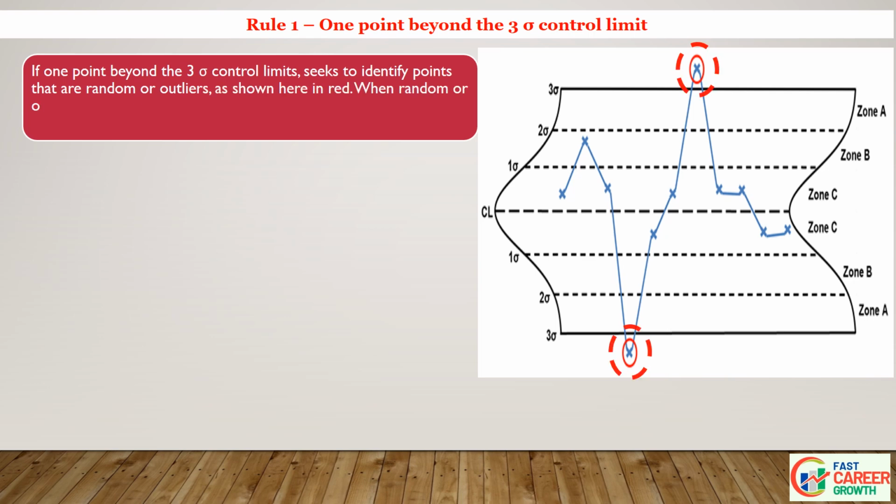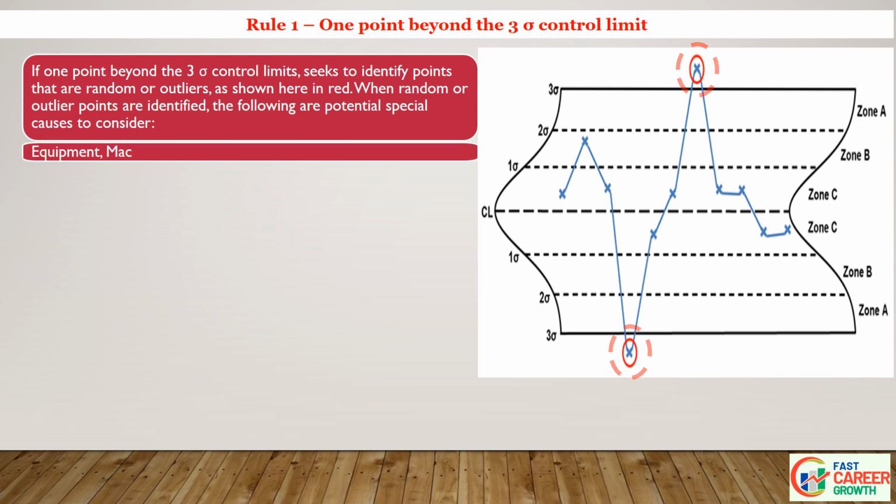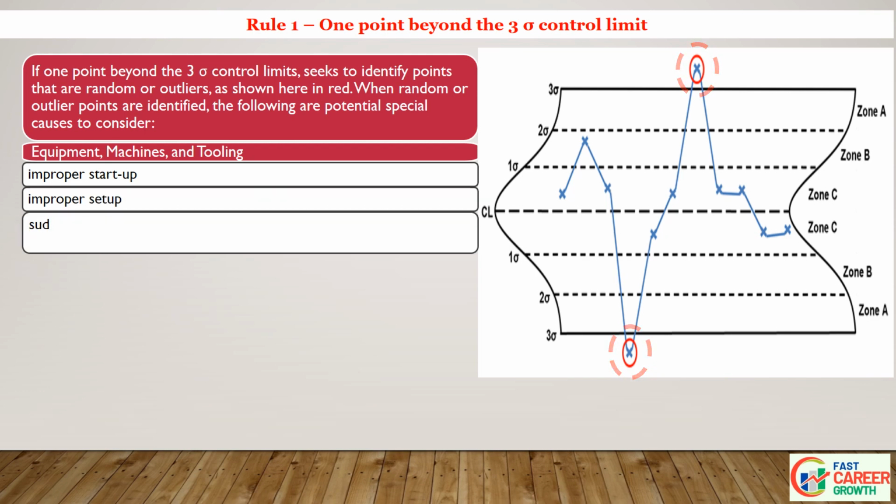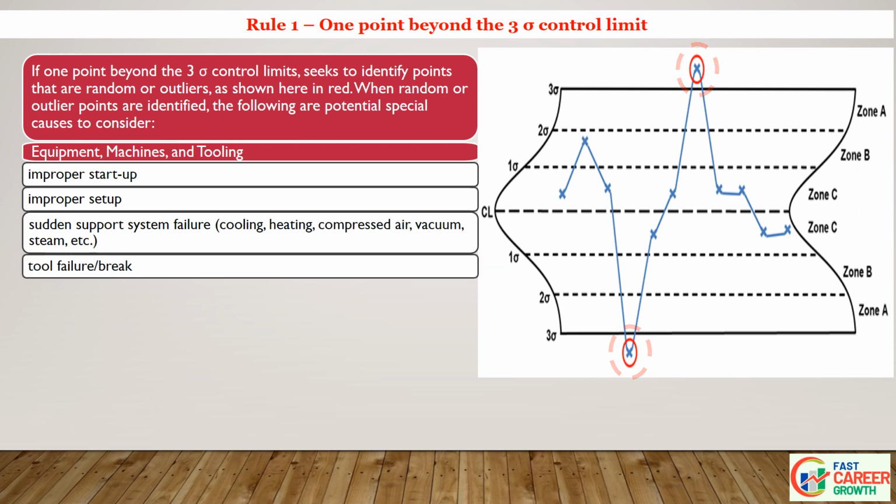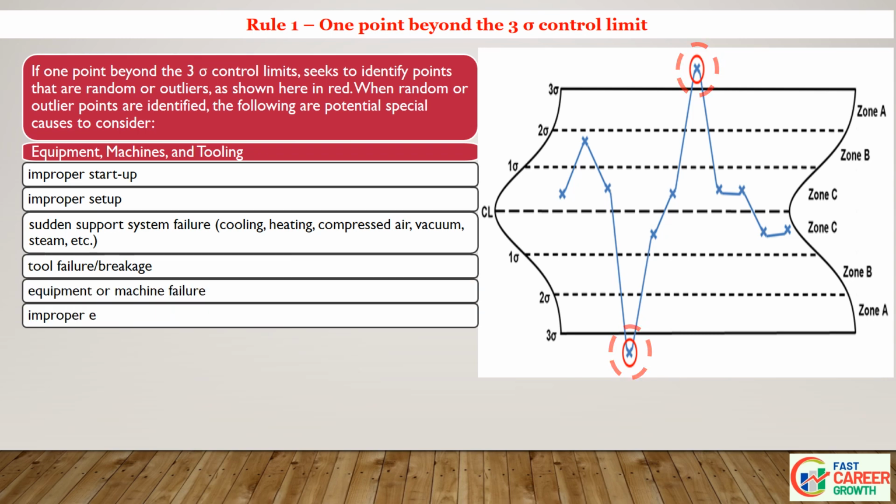When random or outlier points are identified, the following are potential special causes to consider: equipment, machines, and tooling; improper startup, improper setup, sudden support system failure, cooling, heating, compressed air, vacuum, steam, etc. Tool failure or breakage, equipment or machine failure, improper equipment, machine, and tooling maintenance, utility interruption.